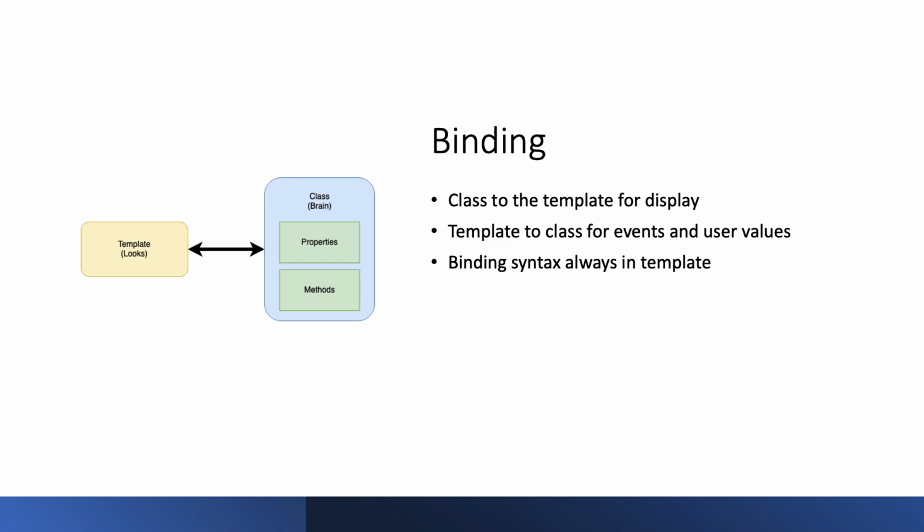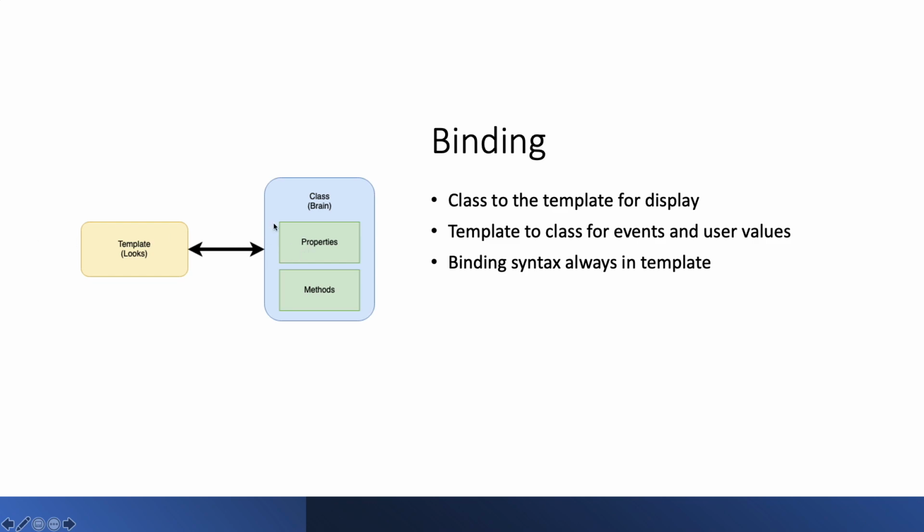So binding is always within a template. When we write any of the binding code, it always exists within the actual template. The class is responsible to handle any changes or, for example, any events coming out of these bindings. As well, it's responsible to send and provide data to those bindings inside our template. So we can see here that the class and the template have a two-way communication.